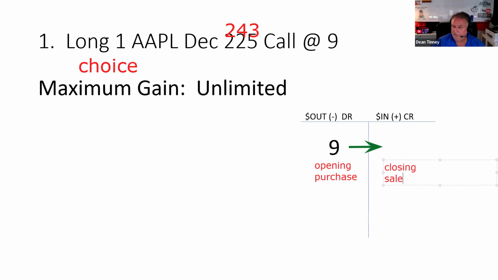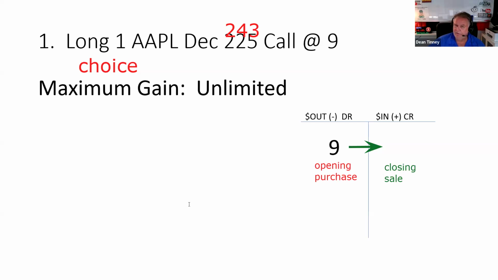By the way, they could use that phraseology. They could say your customer, instead of closes out or offsets, they could say closing sale, whatever the case may be. Now, be careful what you're being asked. One of my mantras is RTFQ. Make sure you read the full question.